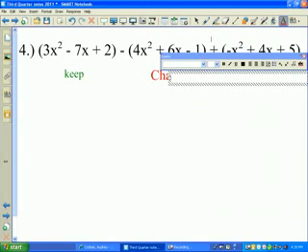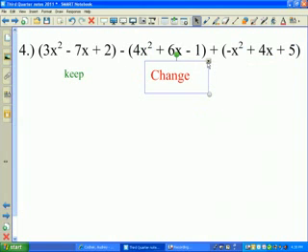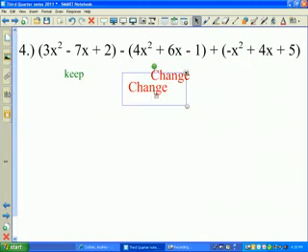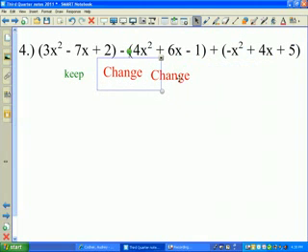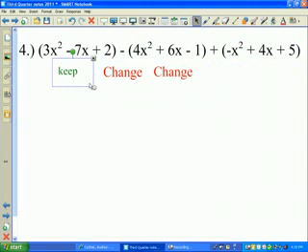Okay, and you're also going to change. Oops, let me clone this. You're going to change that minus sign to a plus sign. Okay, so you're going to keep that first parenthesis. You're going to change that minus sign to a plus sign.